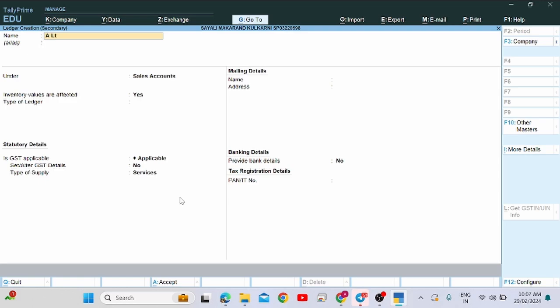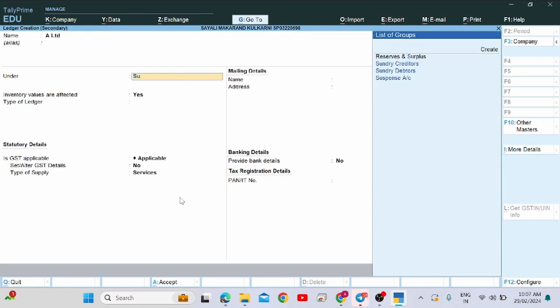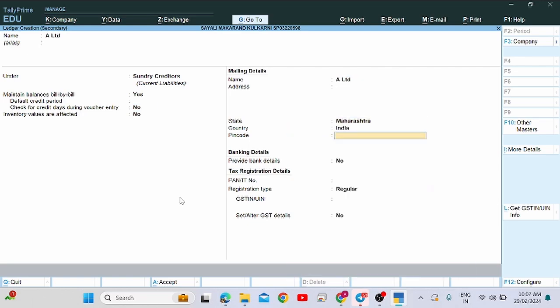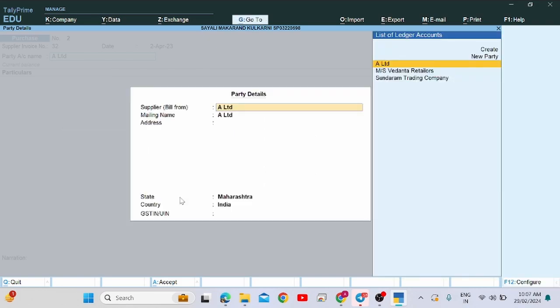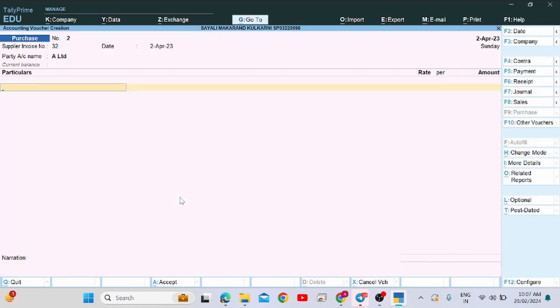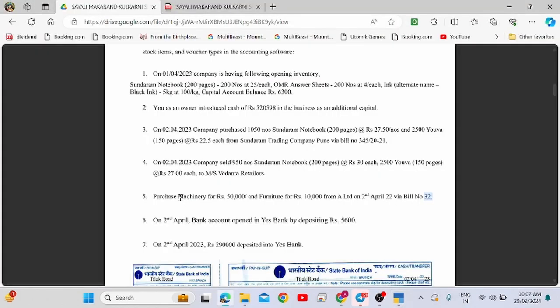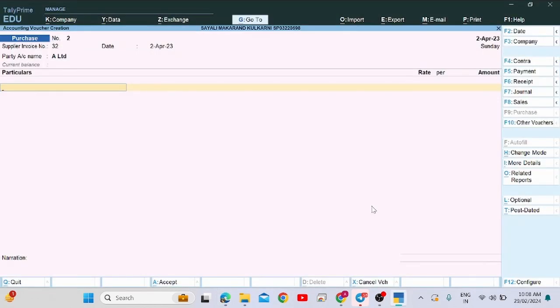Create A Limited. I am creating under what? You have purchased from A, therefore A will become sundry creditor. Enter, enter, enter. If purchase, then sundry creditors. Like this you can remember. And then Control A, accept it. And then after that, machinery.